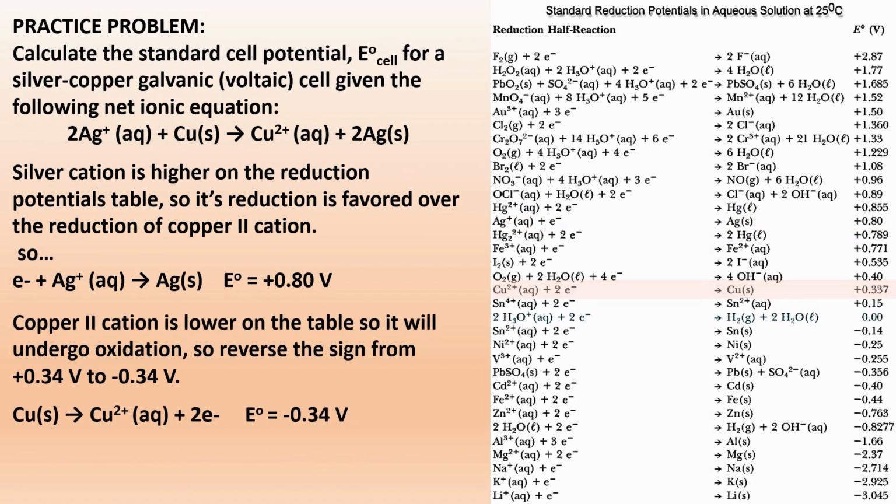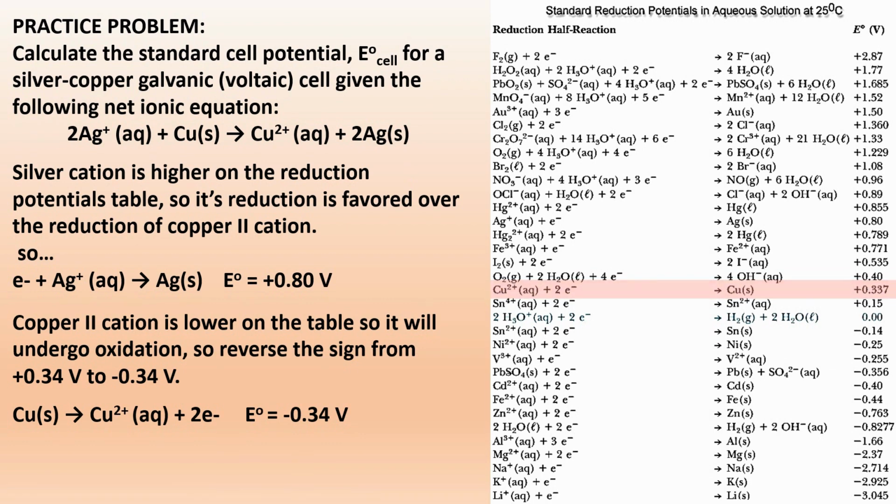Copper 2+ cation is lower on the table, so it will undergo oxidation. So we must reverse the sign from a plus 0.34 volts to a negative 0.34 volts.